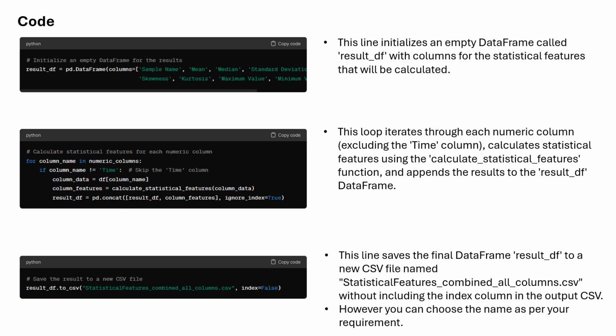Lastly, save the final data frame result_df to a new CSV file named statisticalfeatures_combined_all_columns.csv without including the index column in the output CSV. However, you can choose the name as per your requirement.